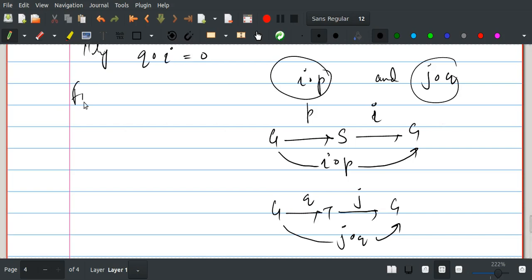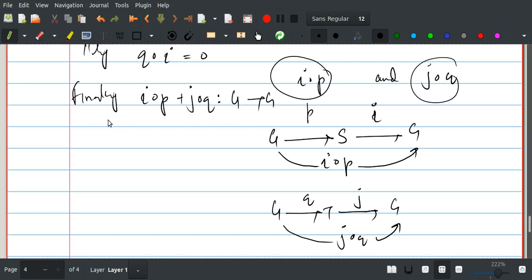Finally, I of P plus J of Q is a map from G to G, such that, now let us see what will happen to an element g when we operate this map onto that element.